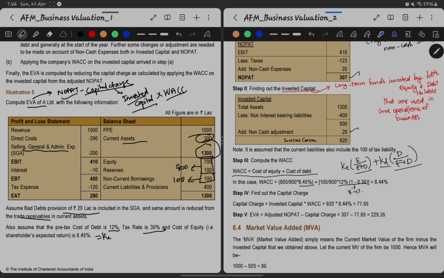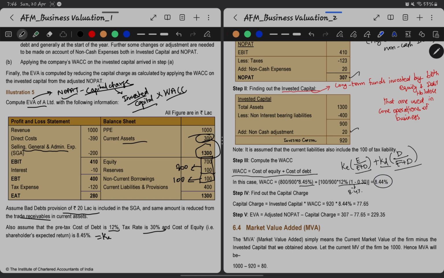Then KD is adjusted for the tax rate, so we got 8.4 percent. Here 8.45 percent. Equity is 800 divided by 800 plus 100. Then debt is 100 divided by 800 plus 100. Hence, the weighted average cost of capital is 8.44 percent.